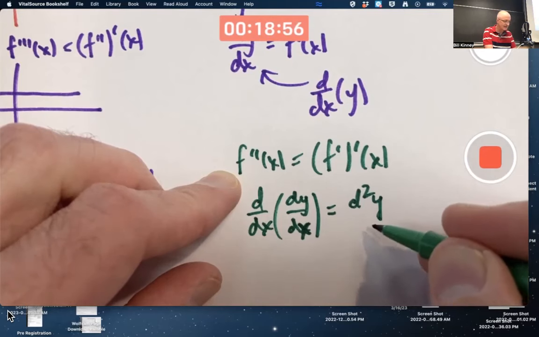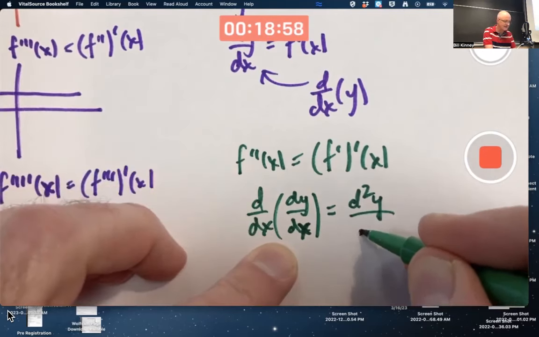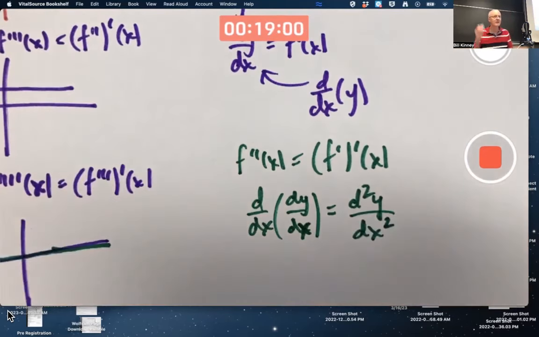And I guess the y is just by itself. And then dx times dx is, I guess, dx squared. And there's the Leibniz notation for the second derivative. But you're not actually multiplying. You're just pretending to, for the sake of fun, convenient notation.